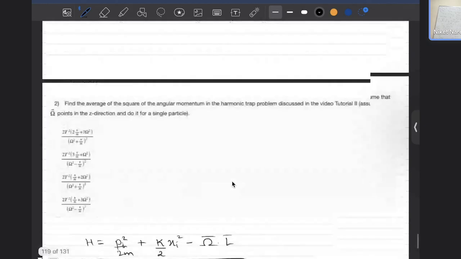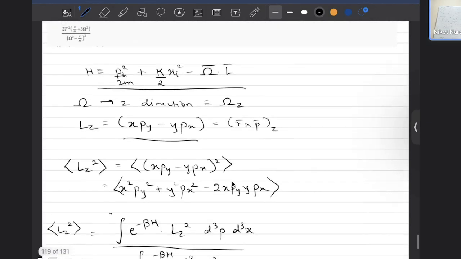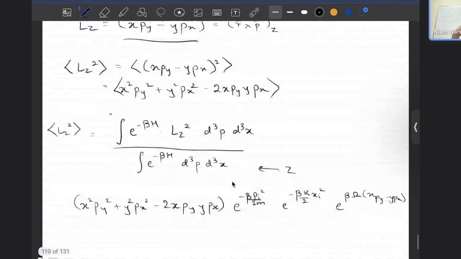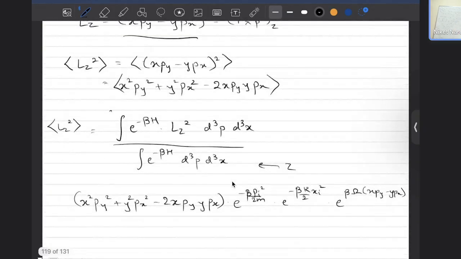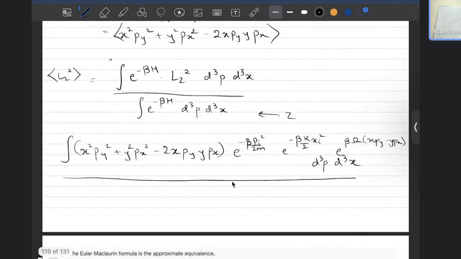That's it, right? Omega dot L, with omega z being omega. This is the expression that we have, integrated over dq dp, this whole divided by just e raised to the power minus beta H dq dp.